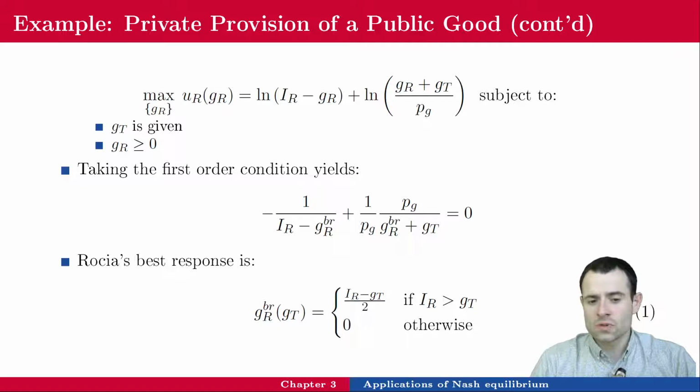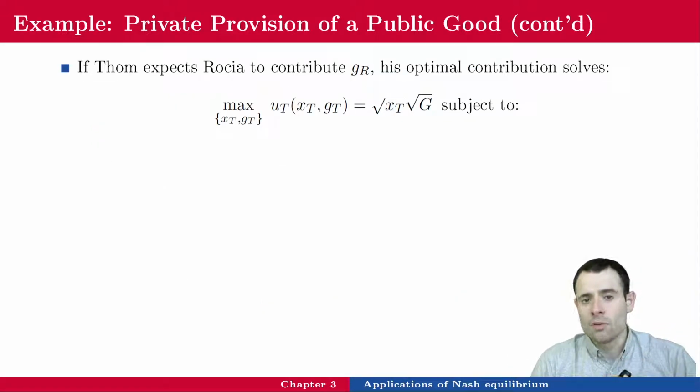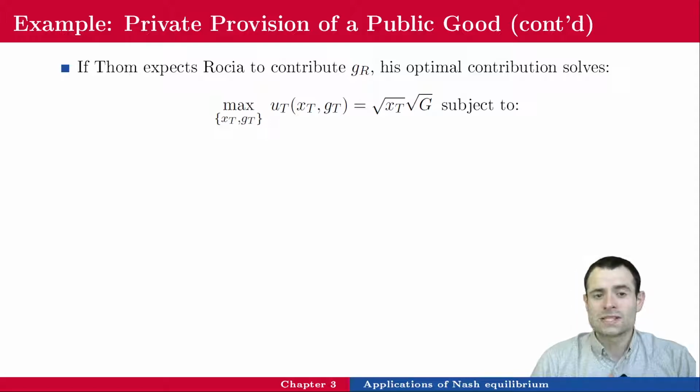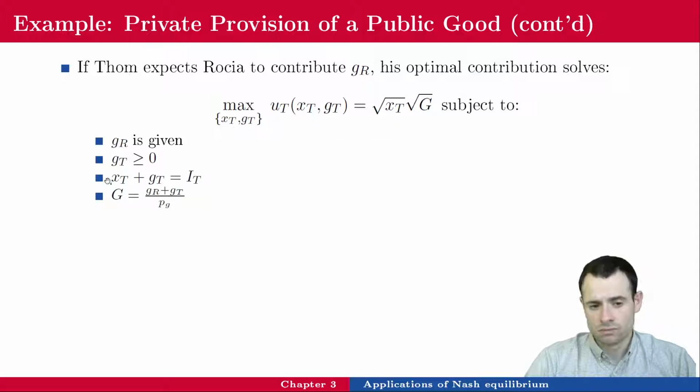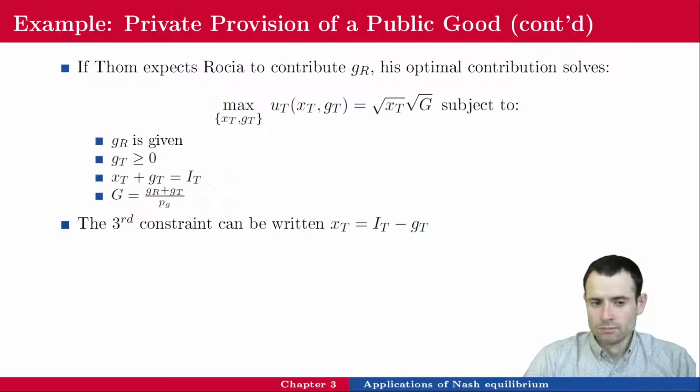Once I have the best response of Rosia, I can do the exact same with Tom. So Tom is going to expect Rosia to contribute GR and is going to maximize his utility function, which is made of square roots, subject to the same constraints, but make sure you swap the notation for the budget constraint. I do the same trick.